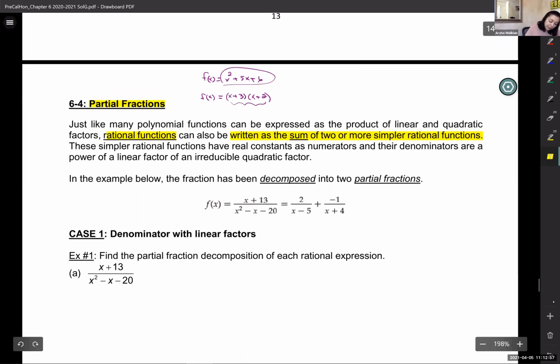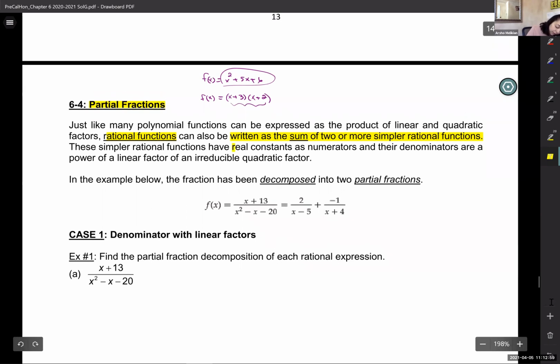Okay, these functions will have real constants as numerators, and their denominators are linear factors or irreducible quadratic factors. Okay, what does all that mean?